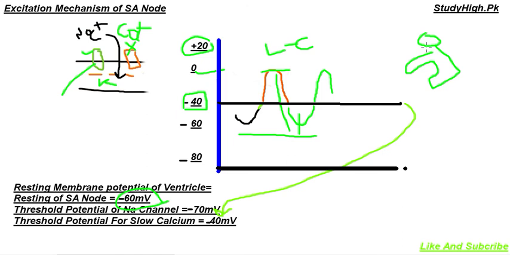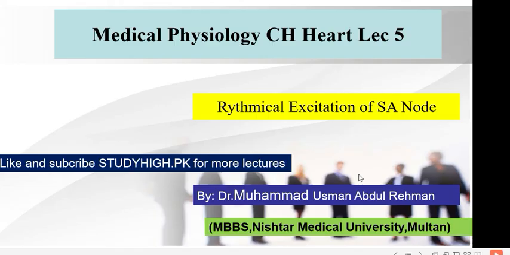After death, for 5 to 10 minutes in some animals, the heart continues to contract because of the spontaneous generation of action potentials by the SA node. That's why the heart continues to contract soon after the death of some animals, as you have seen or will see. So this is our today's lecture on the chapter heart, lecture 5.